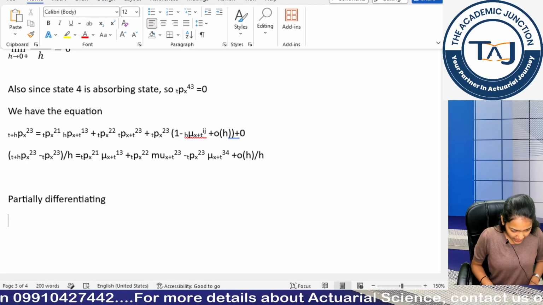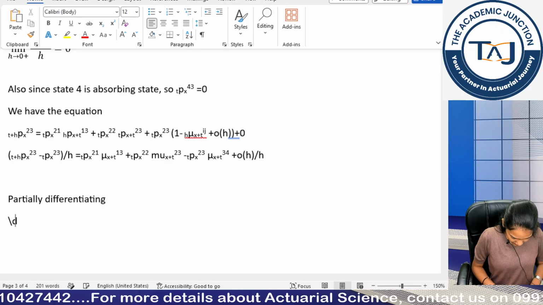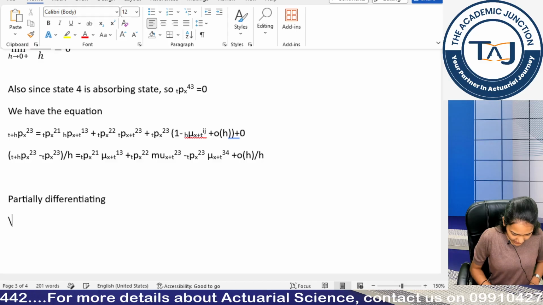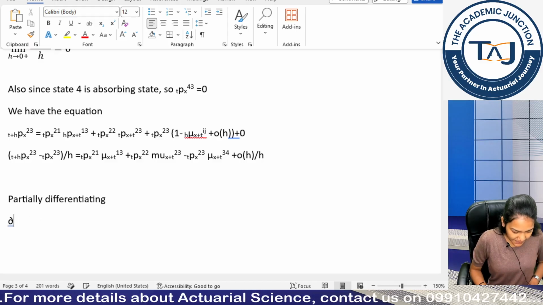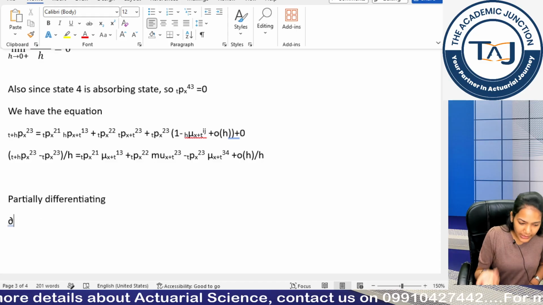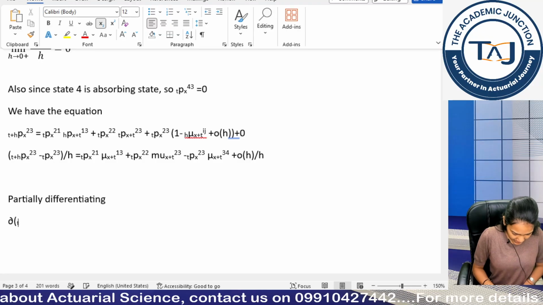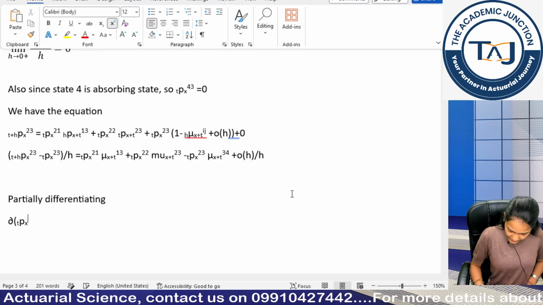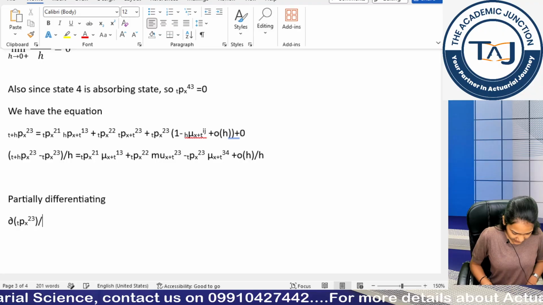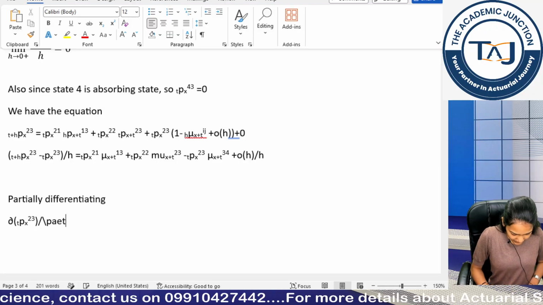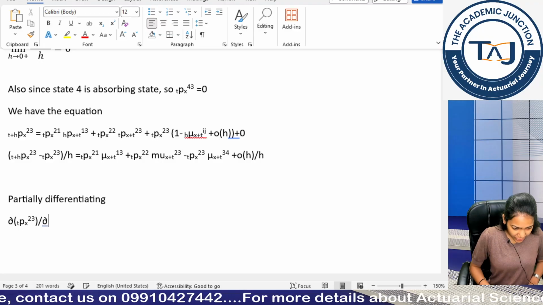Partially differentiating, we get either I can write partial, or I can simply write d by dt. Partial, and we have tpx here, t p x 2 3, divided by partial t.